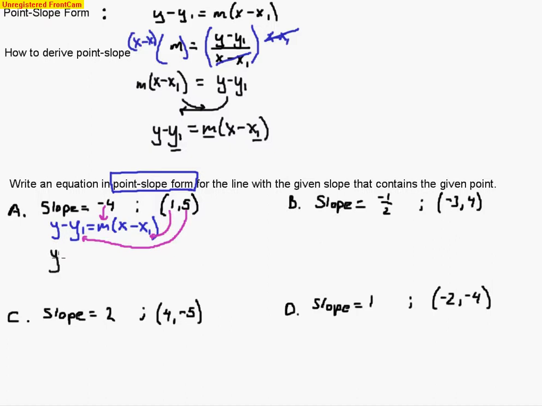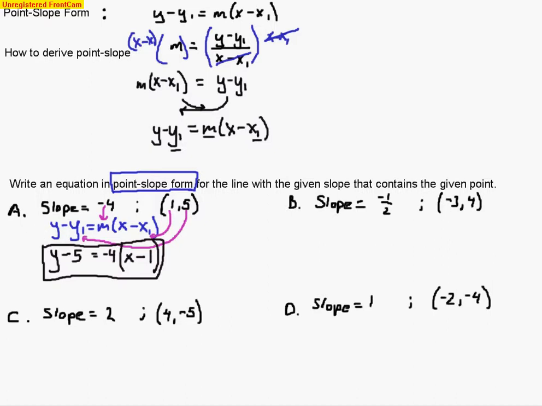So we rewrite the y minus, and then the y value was 5, equals, and then we bring down that -4, multiplied by x minus whatever the x value is in our problem, 1. And that's it. It's as far as you take it. We have completed the problem. That is our answer if we just leave it in the point-slope form.